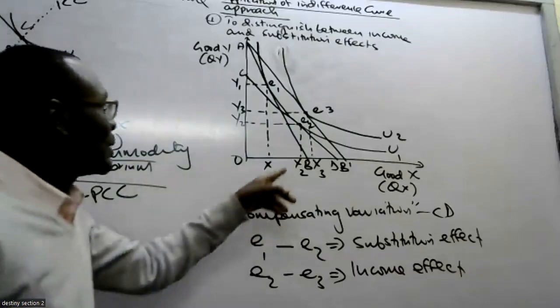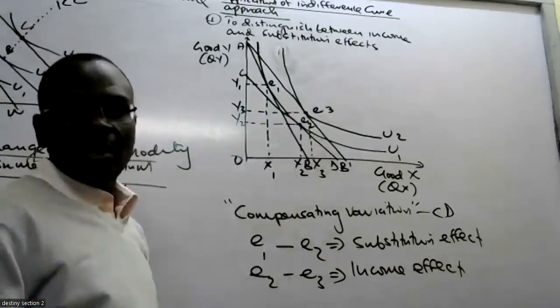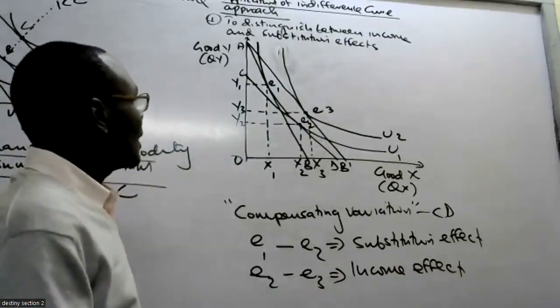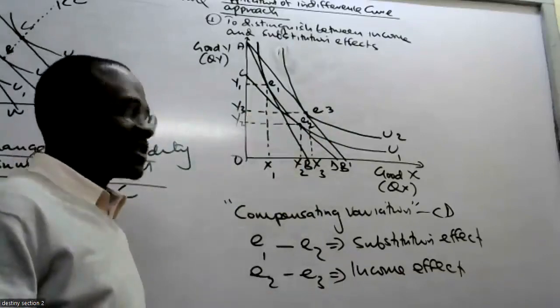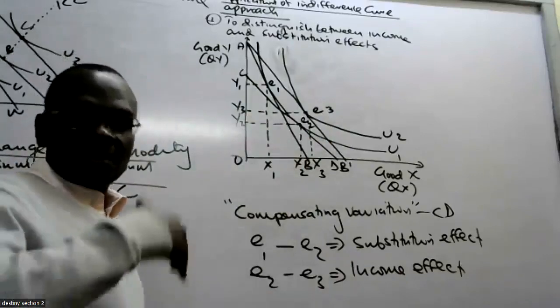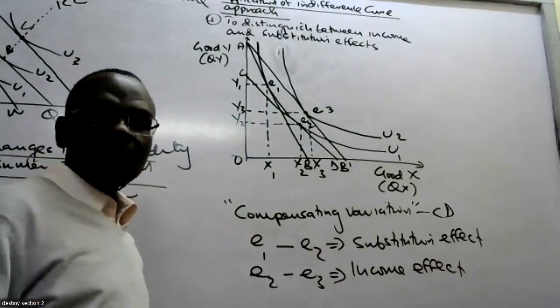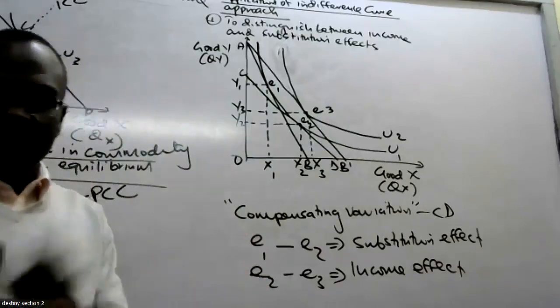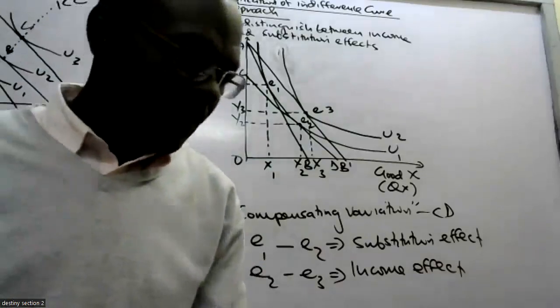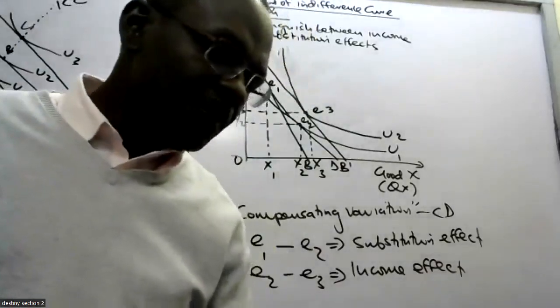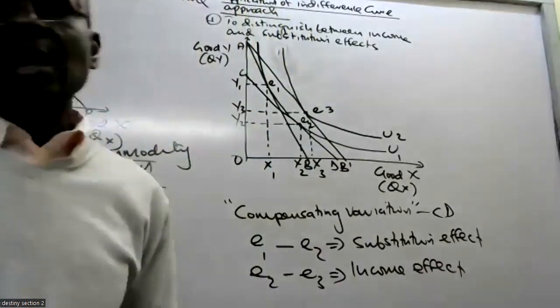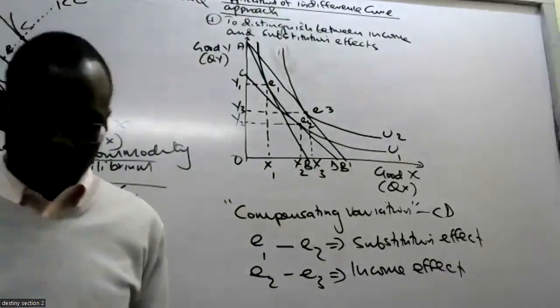So equilibrium E2 to E3 is the income effect. E1 to E2 is the substitution effect. Substitution effect plus income effect gives you the total price effect. So that's how we distinguish the income and substitution effects.